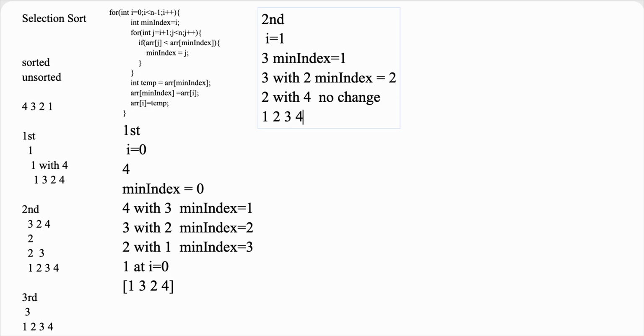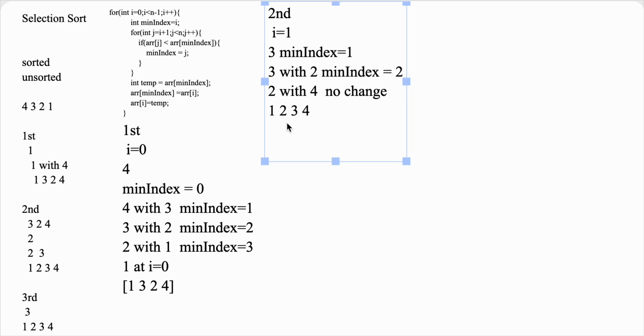Next I will check the third iteration. Here we need to start from i equal to 2. We assume that 3 is the smallest and min index is equal to 2.